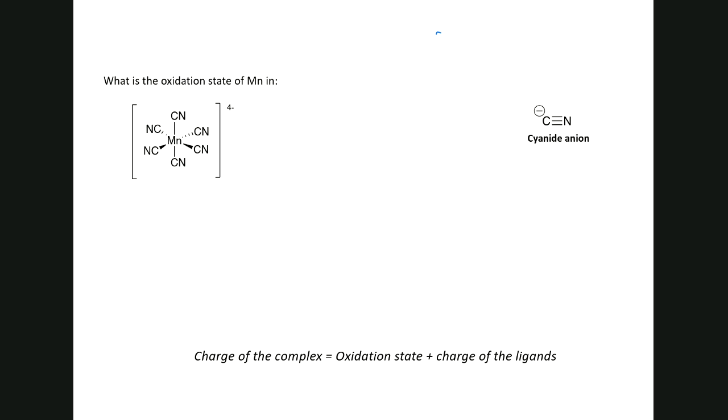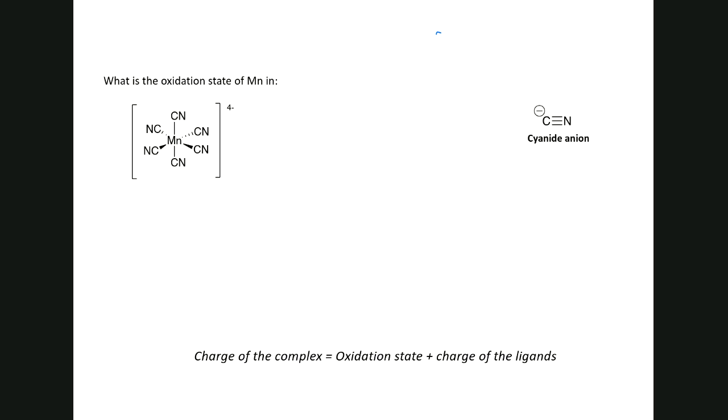Same principle. The difference here is that we're using ligands, and in some cases our ligands may not be charged, and in some cases the ligands might be new to us, but it's the same principle. So in this example, we know that the charge of the complex is equal to the oxidation state of the metal plus the charge of the ligands.